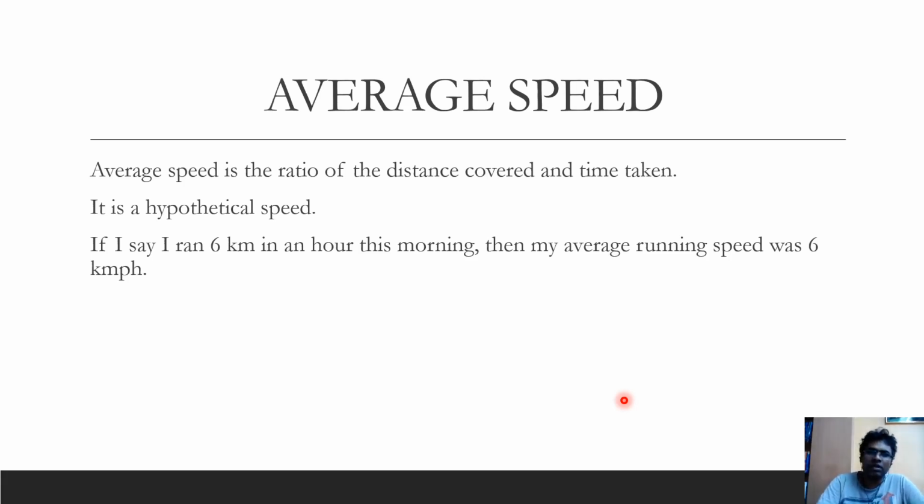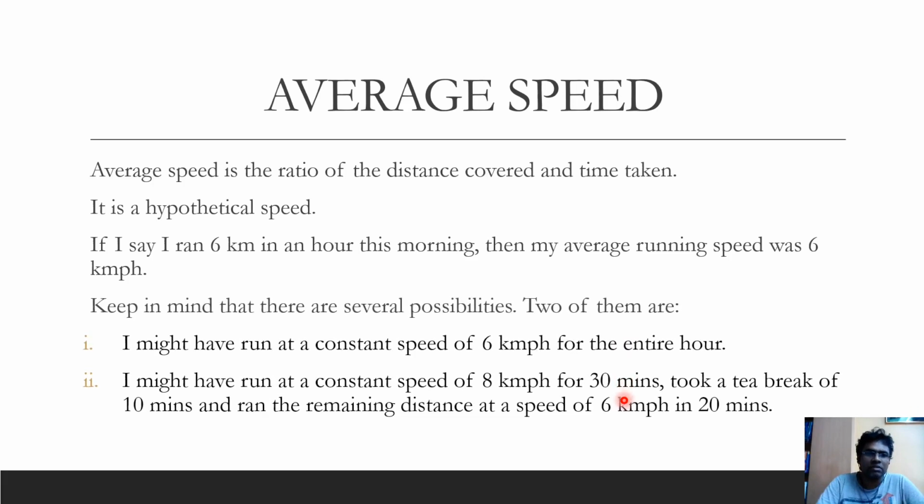Let's say I have mentioned two possibilities here. One of them is I might have run at a constant speed of 6 kilometers per hour for the entire hour, which is obviously very, very unlikely. Rarely anyone could do that.